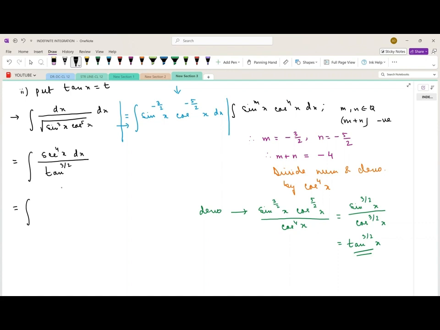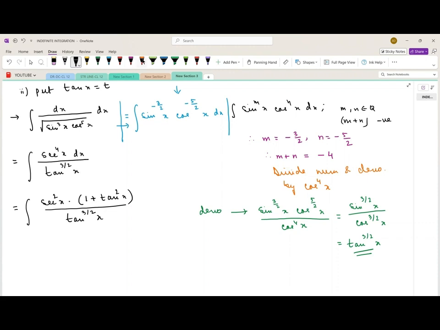Whenever you have sec 4x, I think you already know that you separate it into sec square x and sec square x. For one sec square x, you write 1 plus tan square x, whole divided by tan to the power 3 by 2 x.